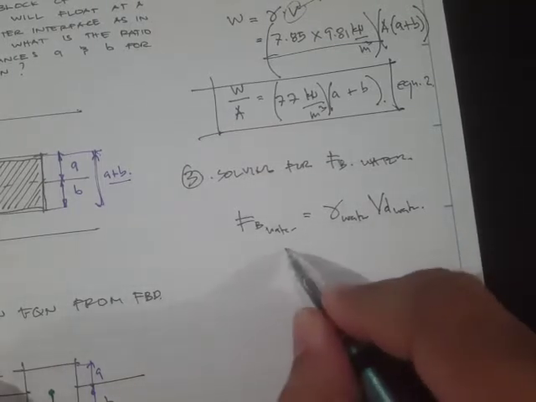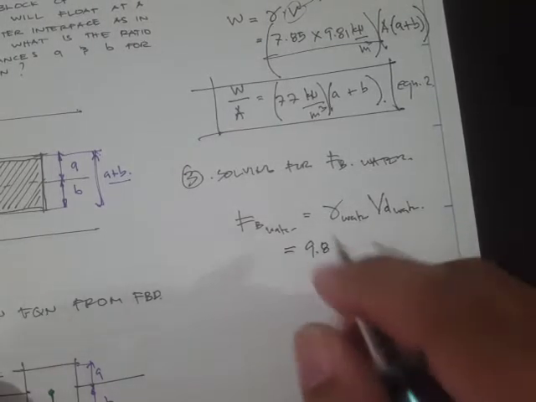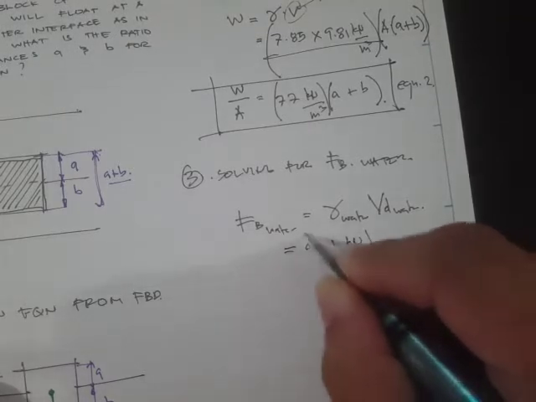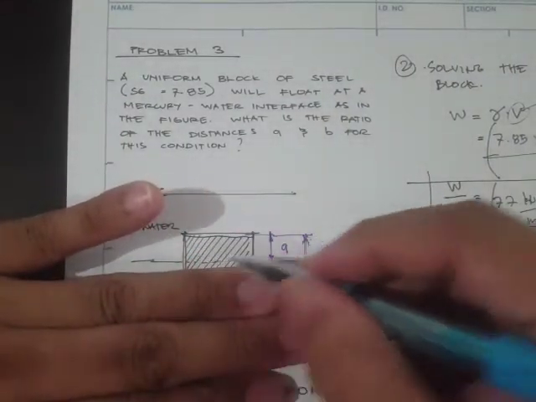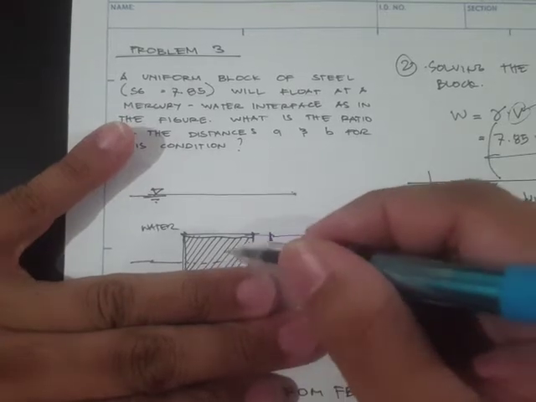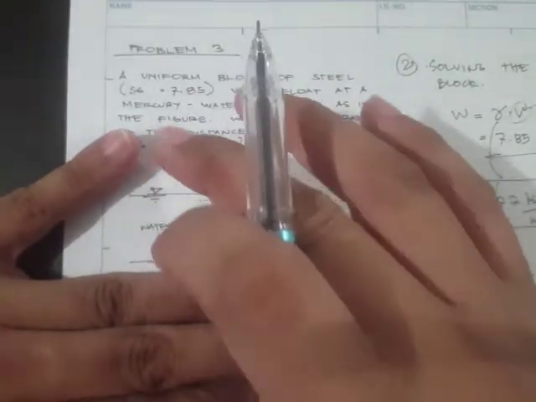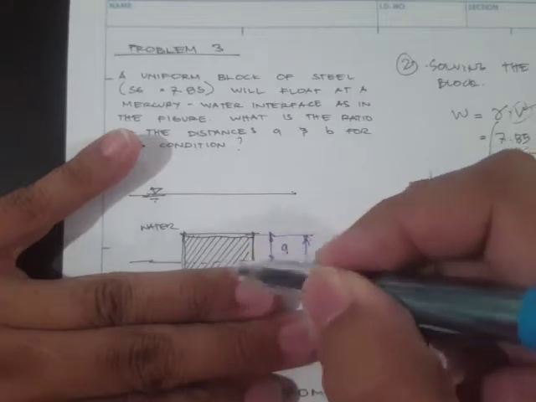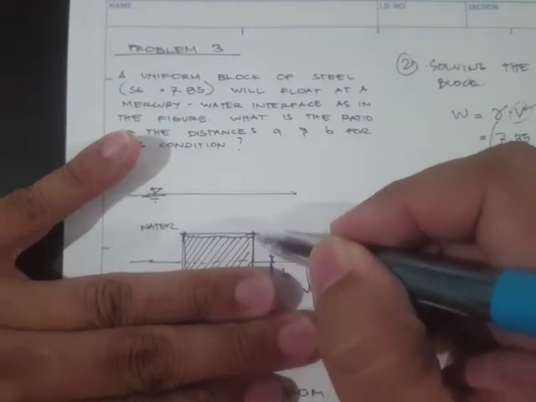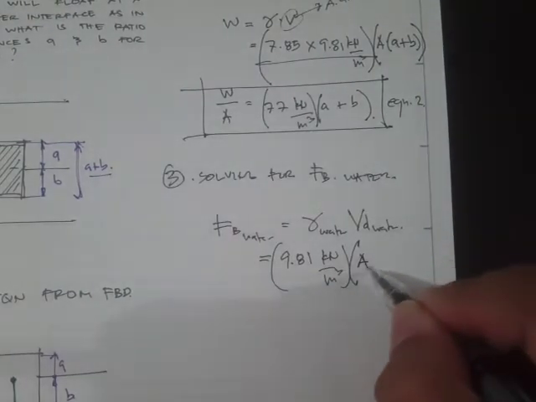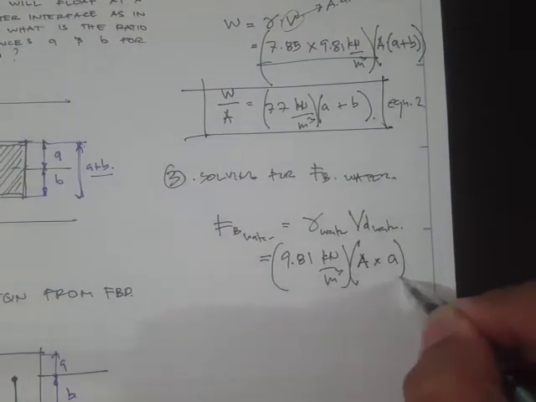Okay, so what is the unit weight of water? It's just 9.81 kN per meter cube. And then the volume refers to this area, this length times the orthogonal length projecting perpendicular from this plane, times the height, which is A. So the area times the height.